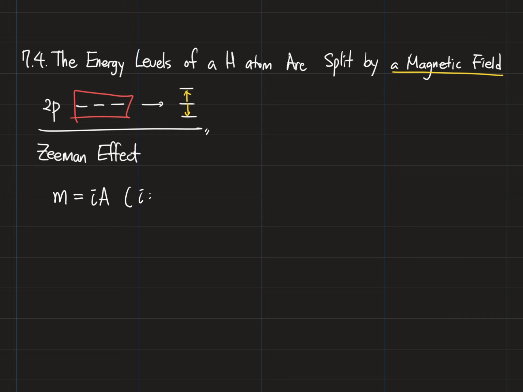Here I is not the imaginary number. This is the current in amperes, and A is the area of the loop.